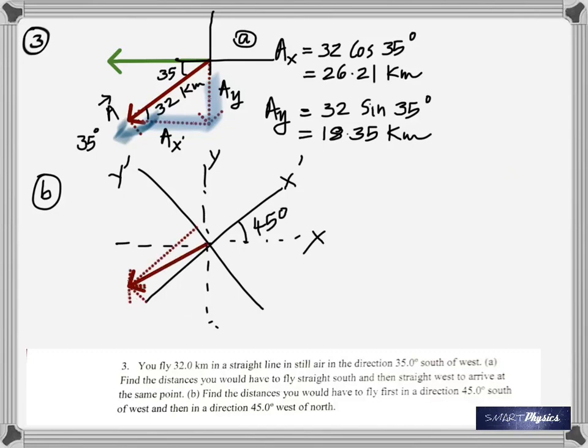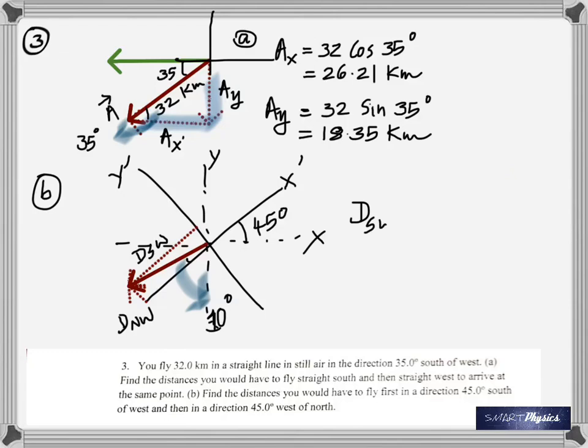So first you fly 45 degrees south of west, and then 45 degrees west of north. So that's west of south, oh, that's west of south, and that's west of north.